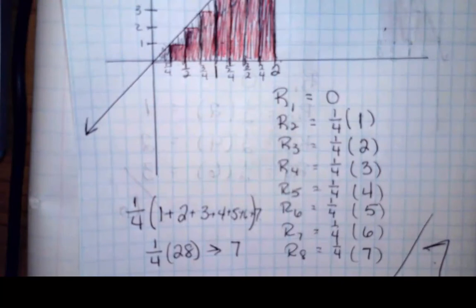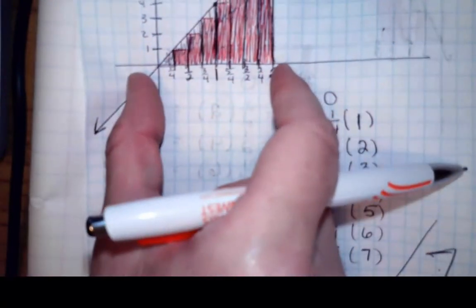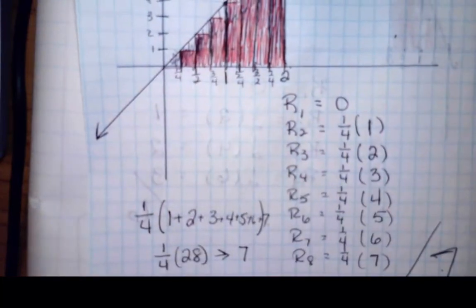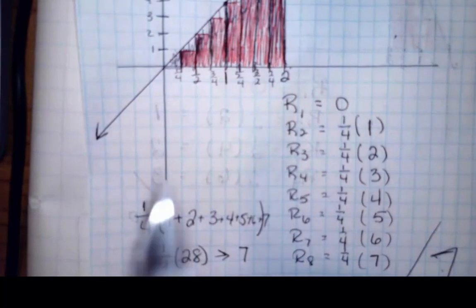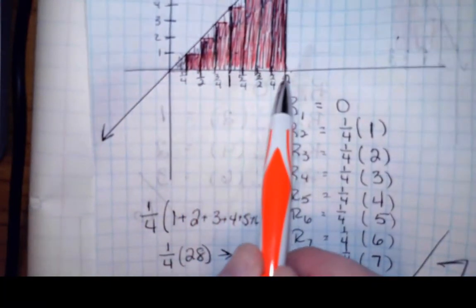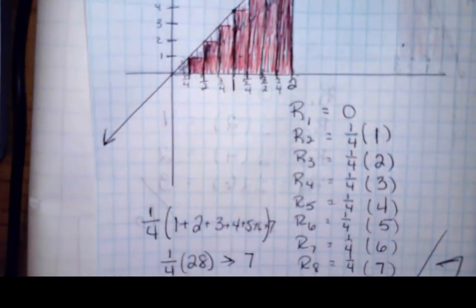What is the limit of the width of each rectangle? The more I get, the smaller the width is, which means my width is going to be approaching 0. So if you have an infinite number of rectangles between 0 and 2, the width of each rectangle will approach 0. That's the foundation of what we're going to be doing with definite integrals.